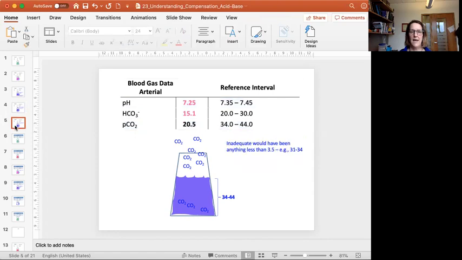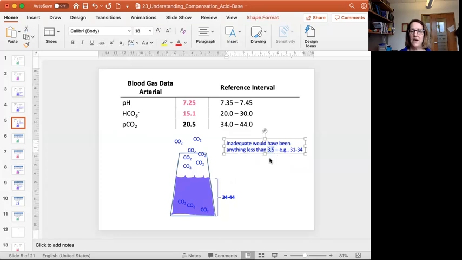All right, and for Valverde, if you had to figure out whether it was adequate, inadequate, or its own primary problem, we figured out in that case it's already a primary problem. If we did the calculation and the result ended up being anything less than 3.5, then that would be evidence of inadequate compensation.